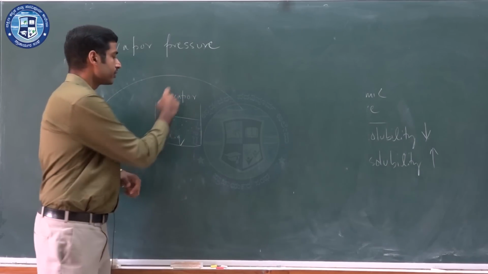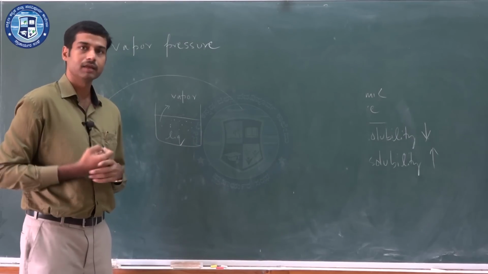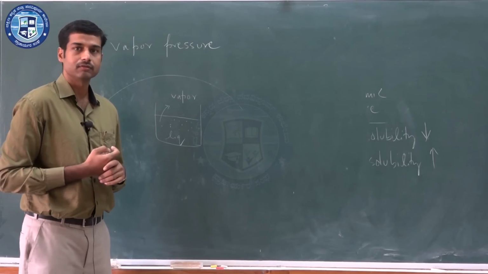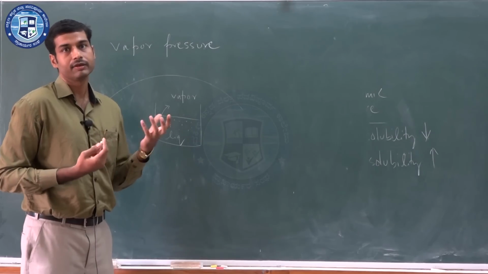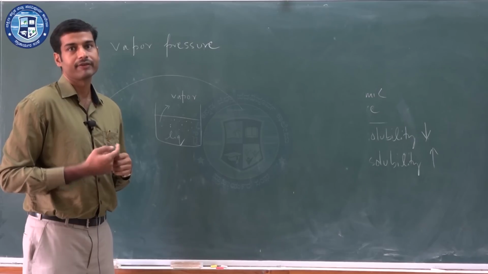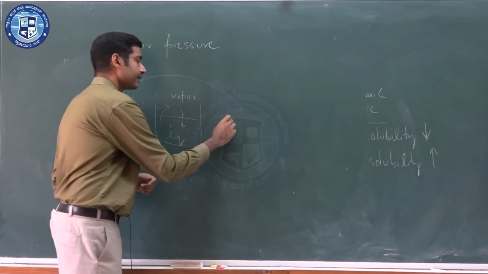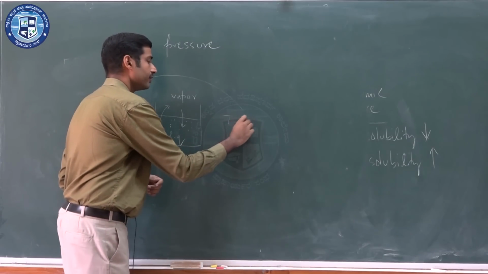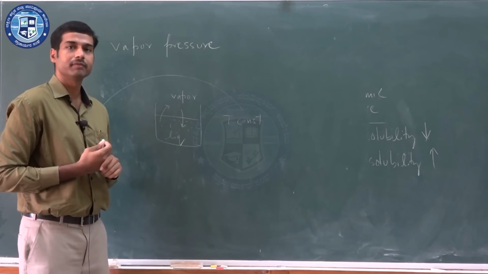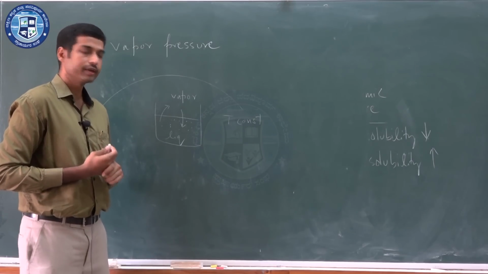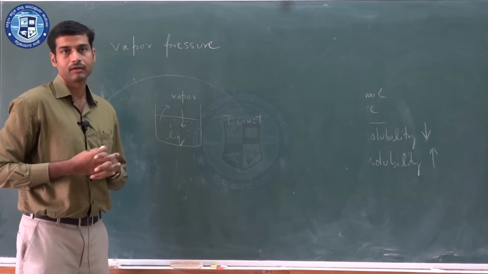Now, the molecules of vapor are also in random motion, and some of them will strike the surface of the liquid, and because of attraction, these molecules will go back into the liquid phase. At a given temperature, which should be constant, there is an equilibrium established between the molecules in the liquid and in the vapor phase.